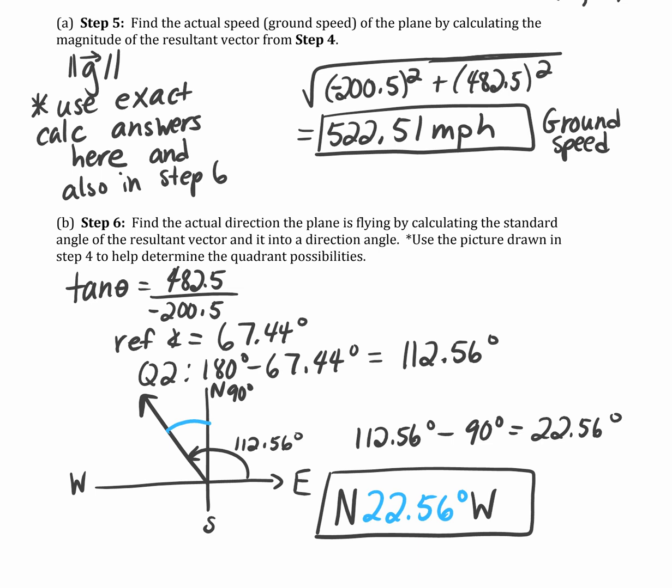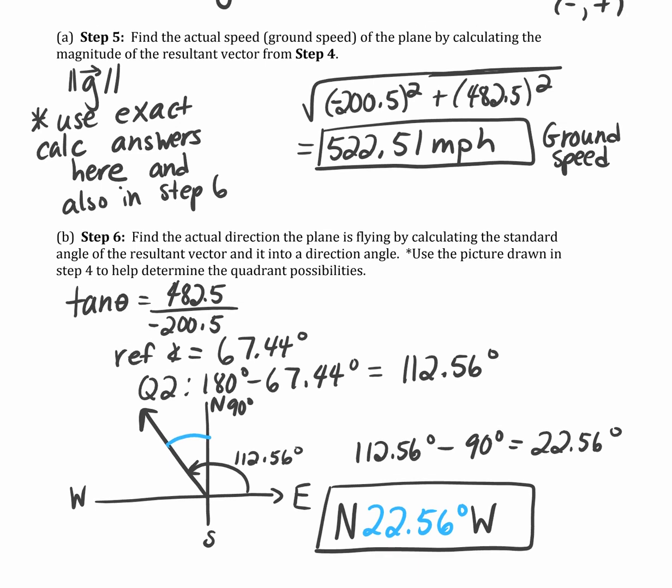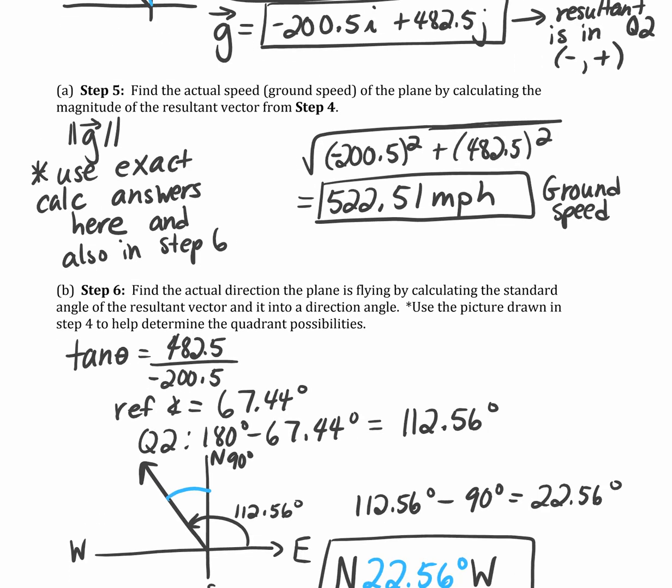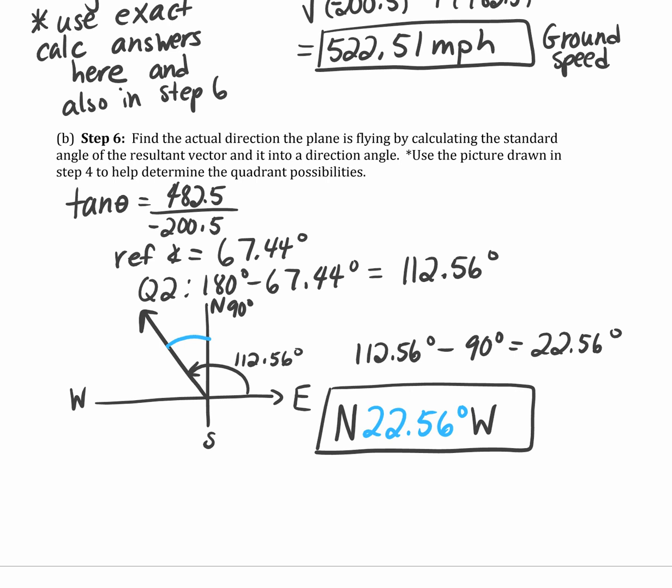So that wraps up our two different application types. Again, there might be a time where you're using ground speed. So remember, we did find ground speed earlier. If you're given this and the plane speed, you should be able to find the wind. You're just going to be doing subtraction. So just a little bit of a hint.